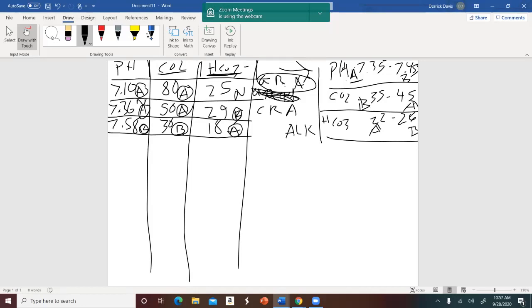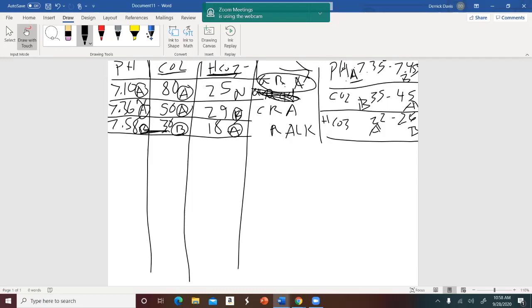Since the pH is basic, who's causing that pH to be basic? Well, that's the respiratory, right? Remember, B and B, or A and A, right? In this situation, both of those are basic. So I have a respiratory alkalosis, right? That's what I get from matching up these letters.